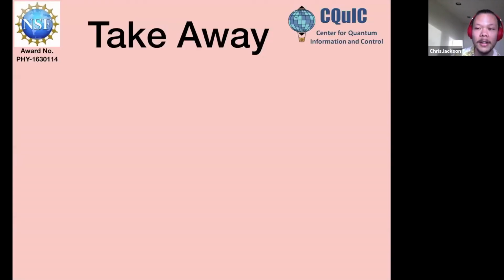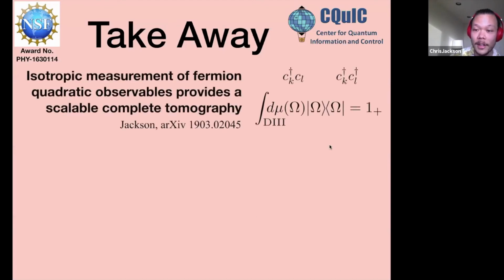And if there's anything you take away from this talk, I hope it's the following: that there is a measurement for fermionic systems, which has as outcomes a phase space, which in fact people have been interested in for other reasons. And the way that you can do this POVM is by isotropically measuring these kinds of observables. Excuse me.